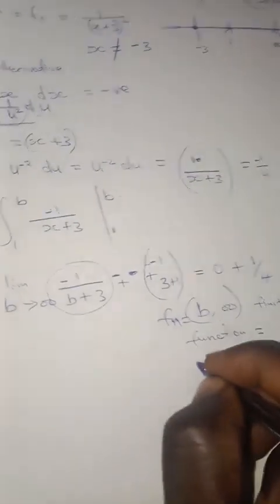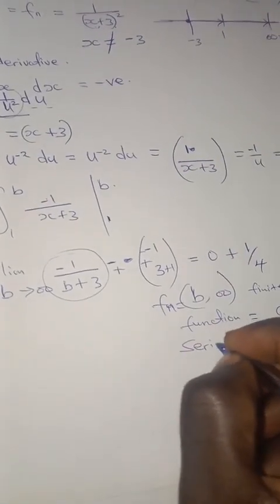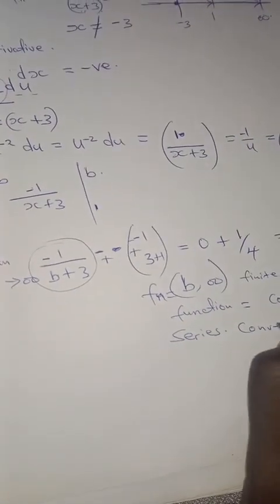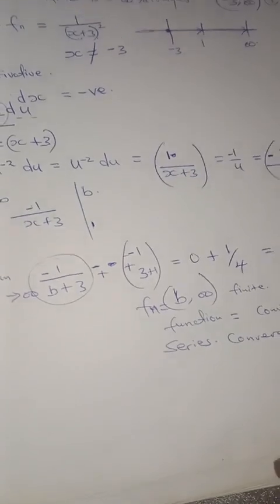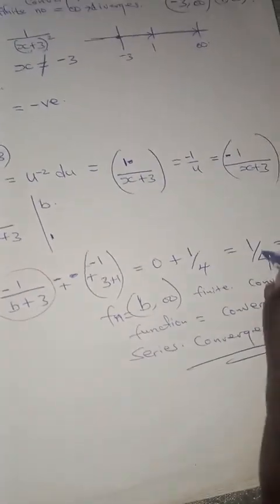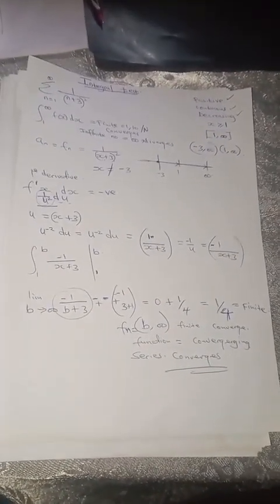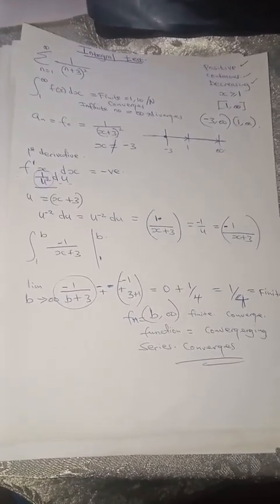Tentatively, our series also converges, because we found a finite number, 1 over 4. That is when we do integration.